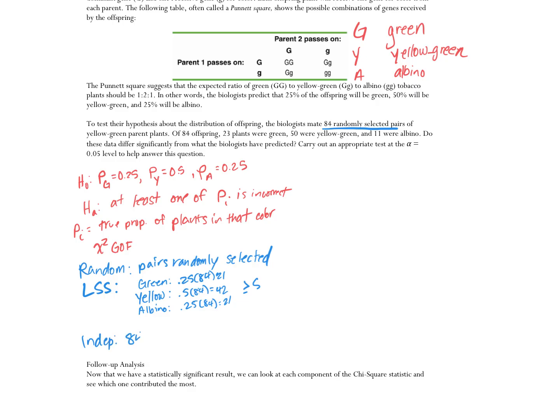Independent: 84 is less than 10% of all tobacco pairings. Great, now what?